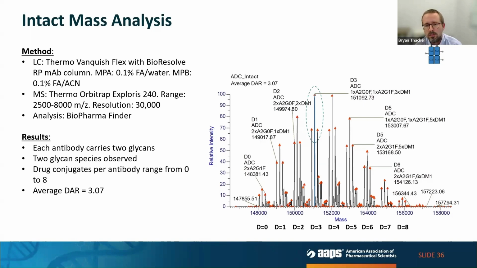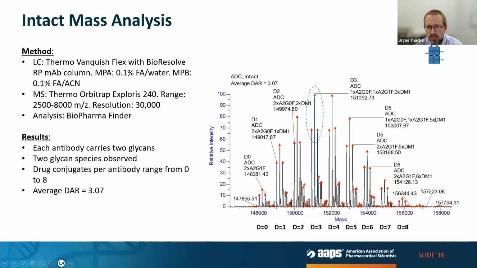So you see that there's one G0F glycan attached to that antibody and one G1F glycan attached to that antibody. That's the major peak there, but if you look to the peak just to the left, to the lower mass peak, that corresponds to 2 glycans that are devoid of the galactose, and then the peak to the right has both of those glycans carrying the galactose, showing up at a higher mass.